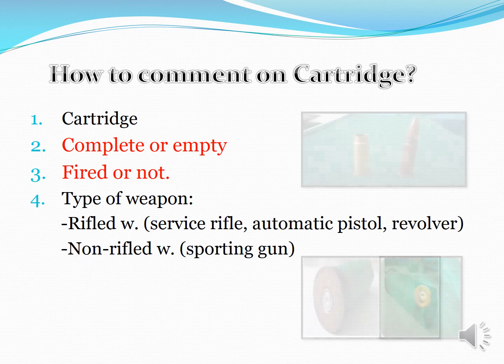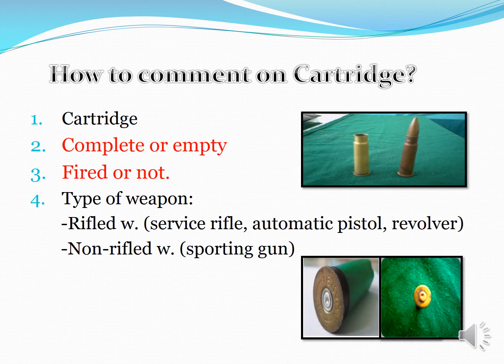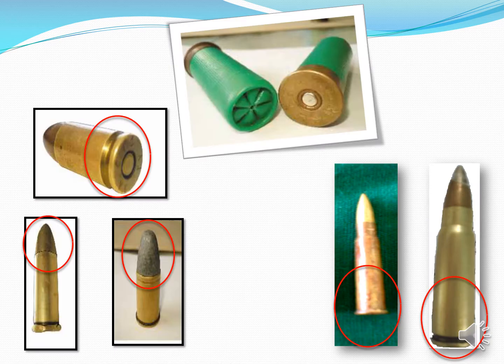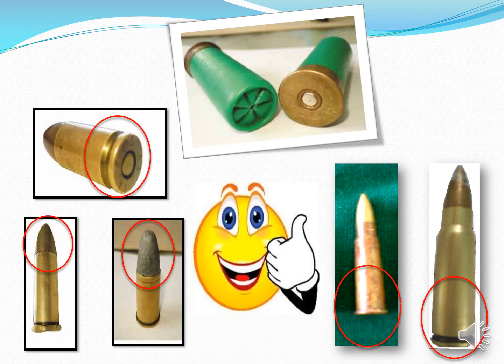This cartridge applies to all types of weapon, either sporting gun, smooth-bore, rifled weapon, automatic and non-automatic, short weapons, so either automatic pistol like this, or revolver, new revolver and old revolver. Okay.